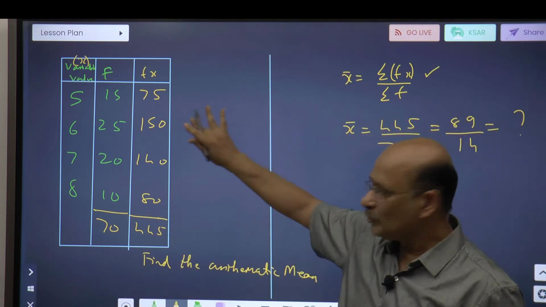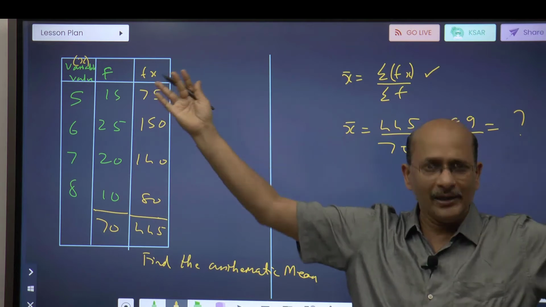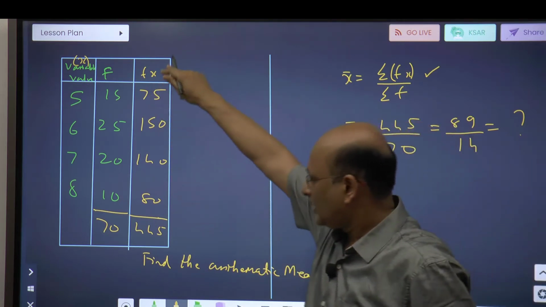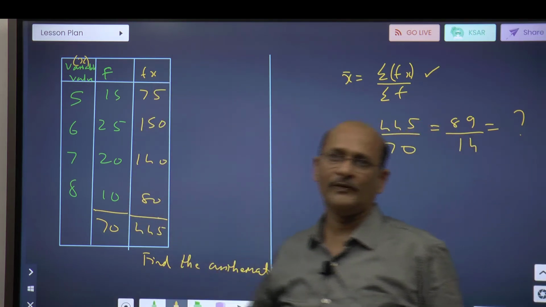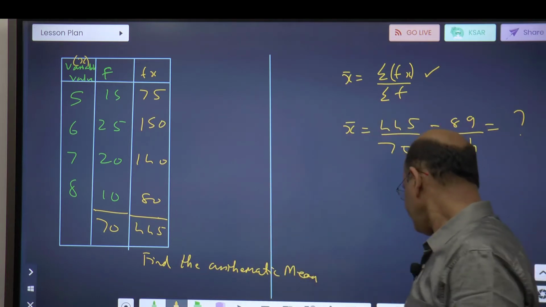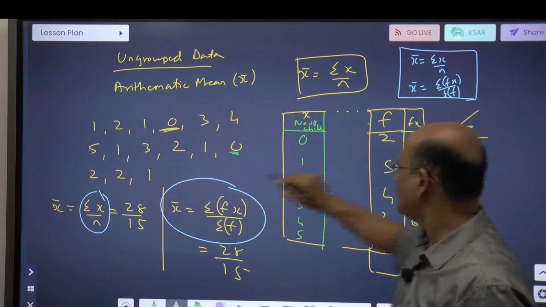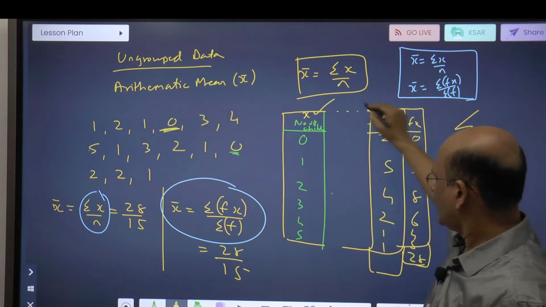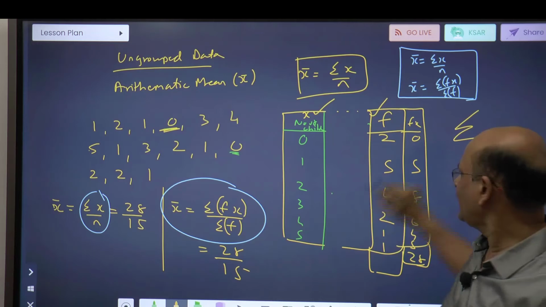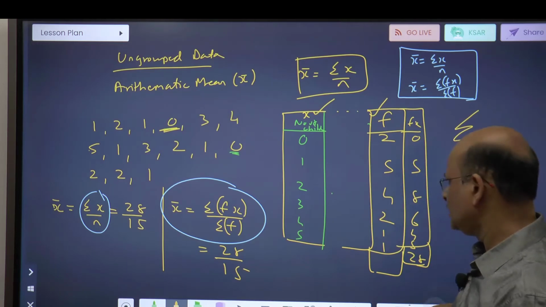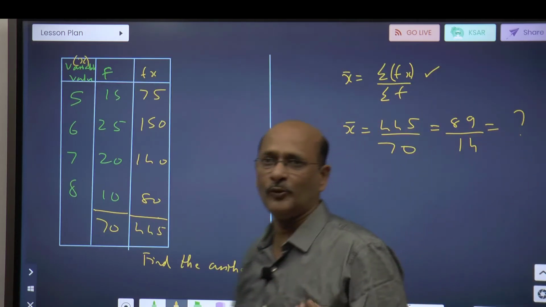This is ungrouped data, which I compressed, as I had shown in the previous example, how large data can be compressed into x and frequency format, and then I use the formula fx. Same thing, right?